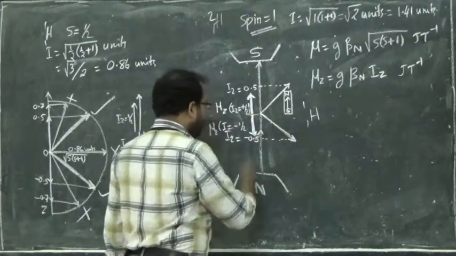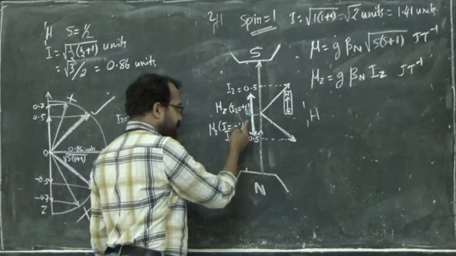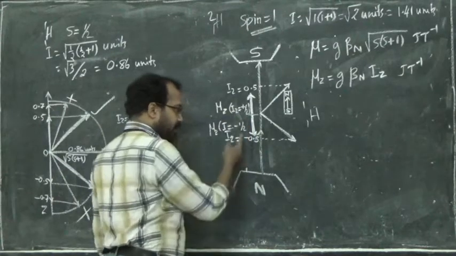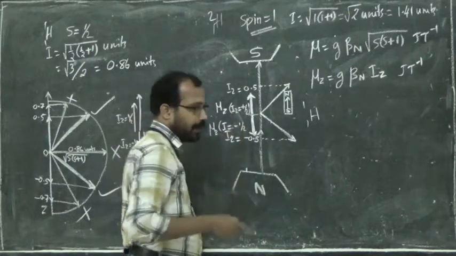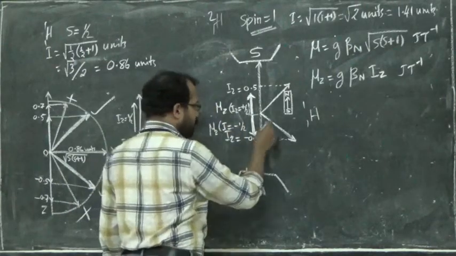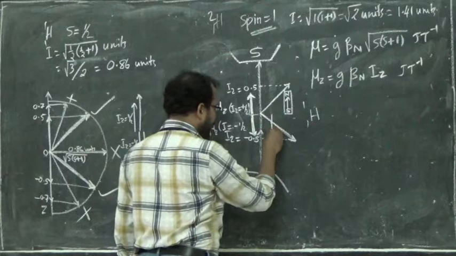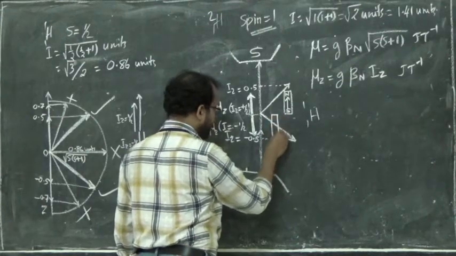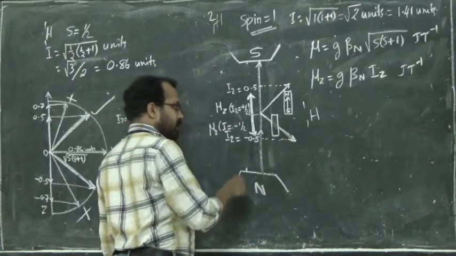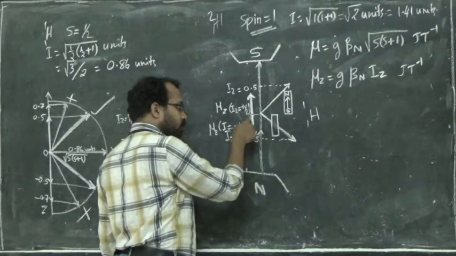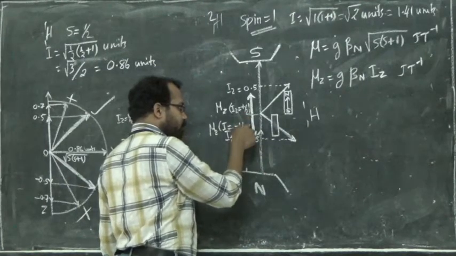And what about the second magnet, the magnet corresponding to the second possible component of the magnetic moment? That also corresponds to a magnet, and that magnet is like this. In this magnet, the magnetic lines of force are from top to bottom.